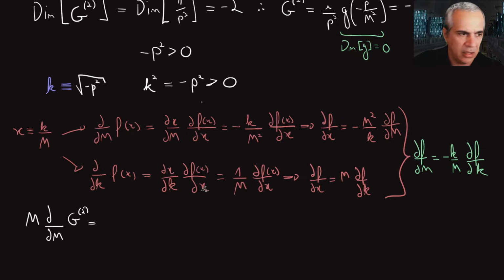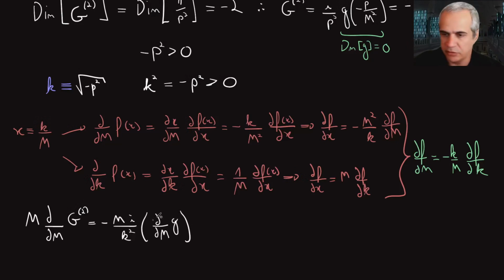This I can write as minus m i over k squared del m of g, which is a function of k squared over m squared. And I can use now this relation to exchange the derivatives. So this m cancels with this one, and I have minus i k squared, minus k del k acting on g.